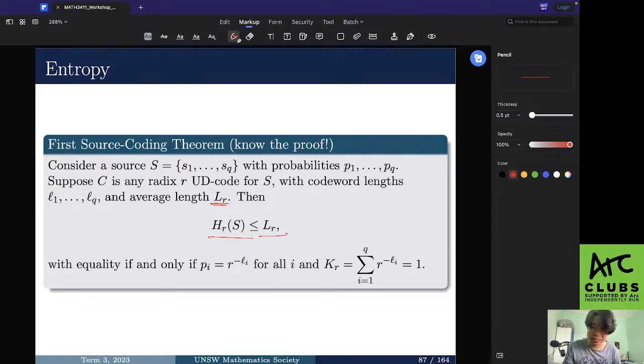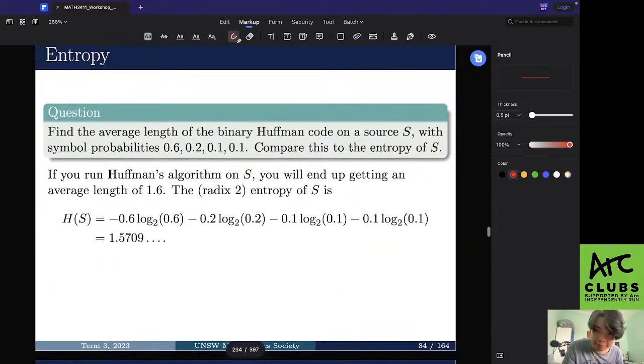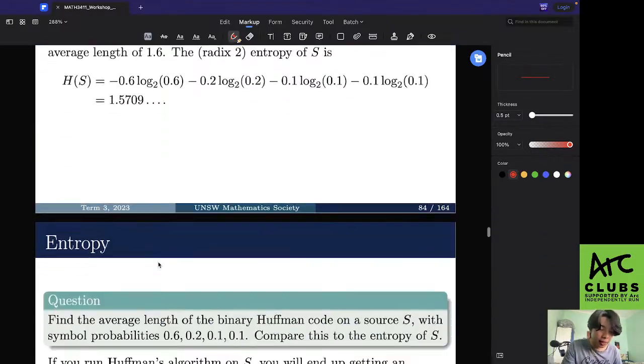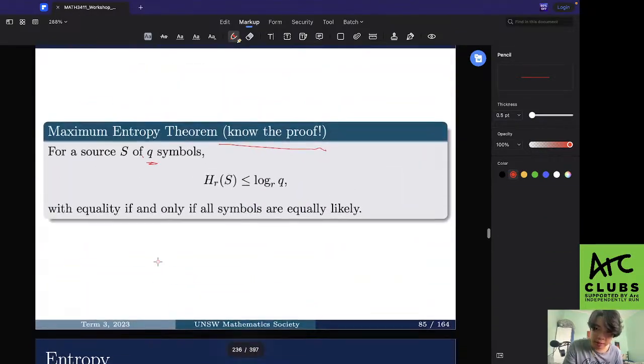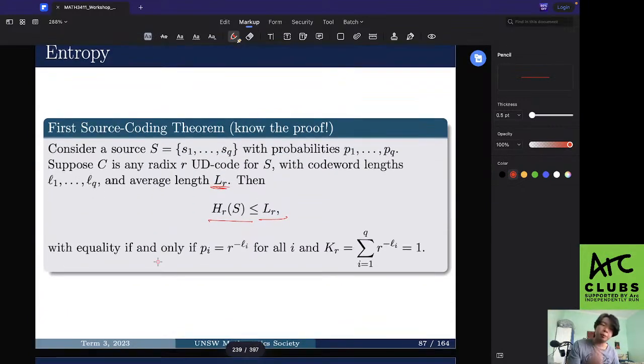And that pretty much entails what we saw in the first example, right? We saw, hey, the average length of Huffman is actually greater than the entropy. And the reason of that is because the entropy represents how many bits of information you need on average to represent these source symbols like S1, S2, all the way to SQ.